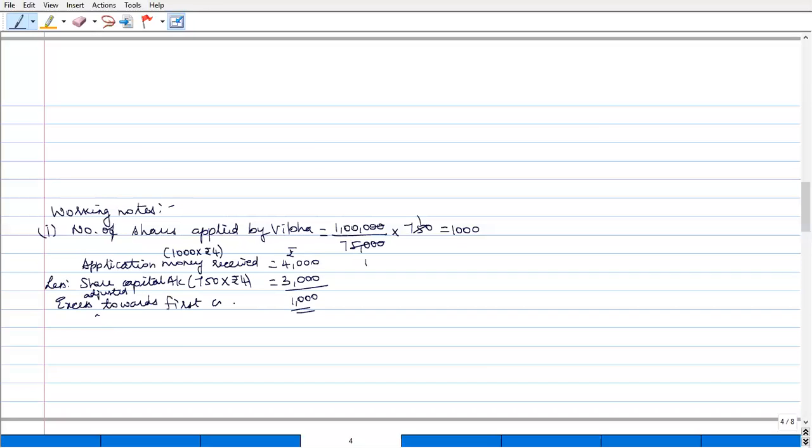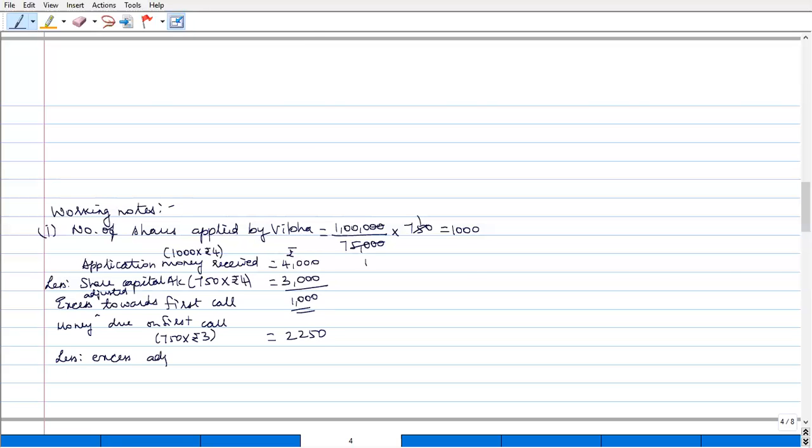Okay. Now, how much she has to pay on first call? Money due on first call, 750 into rupees 3. Okay. So 2,250. Right. Less how much is the excess adjusted?